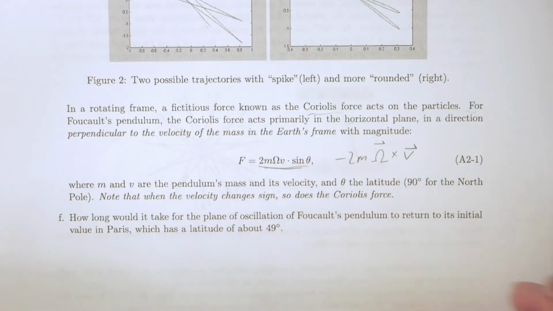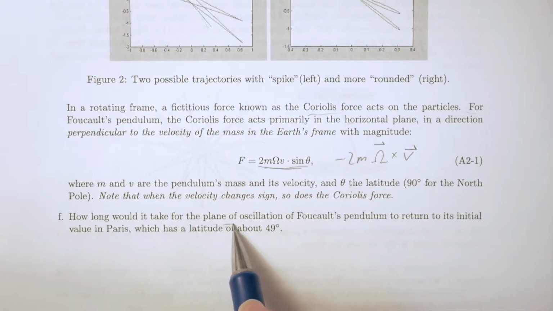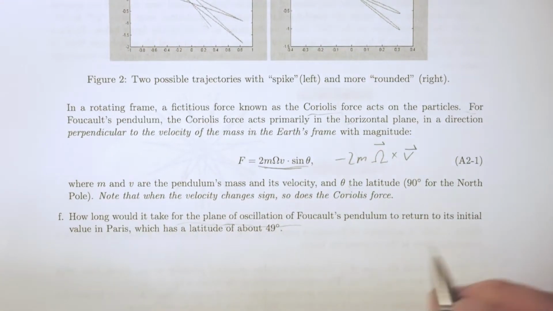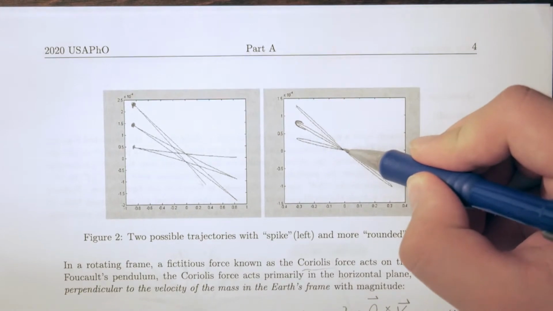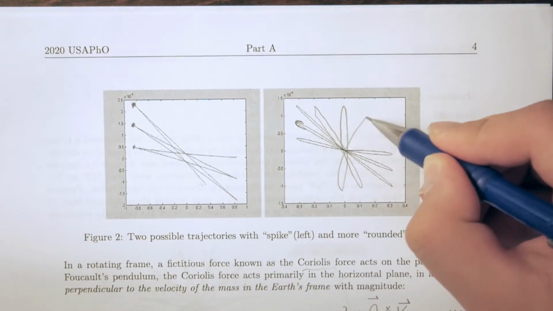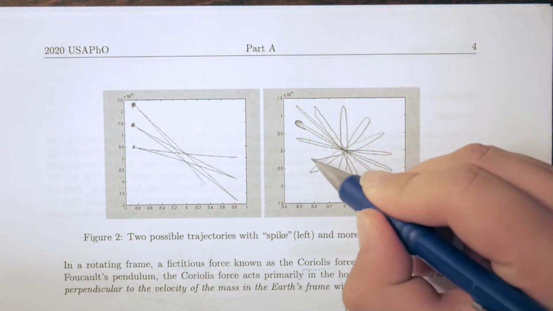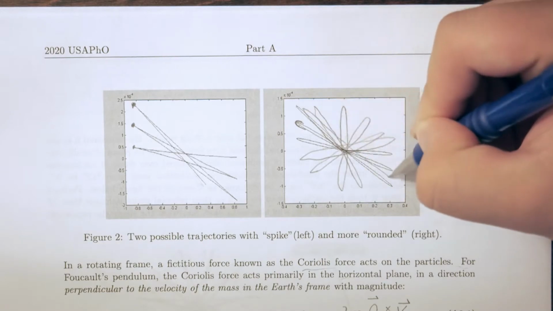And our goal is to find how long it takes for the plane of oscillation to essentially reset. So as this trajectory keeps going around in a circle, we're looking at how long it takes before it returns to its original state, or original plane of oscillation.